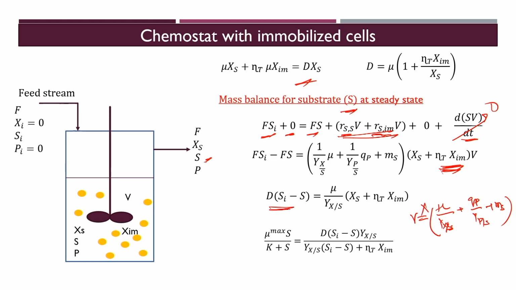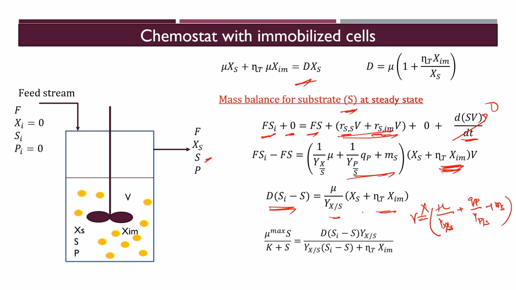So, this becomes D(Si minus S) equals mu Xs upon Yx/s. For the time being, we are neglecting these two terms, plus the effectiveness factor term into X immobilized.